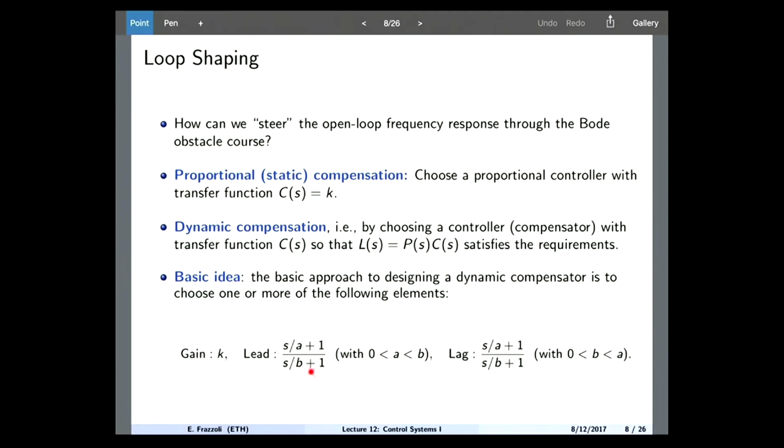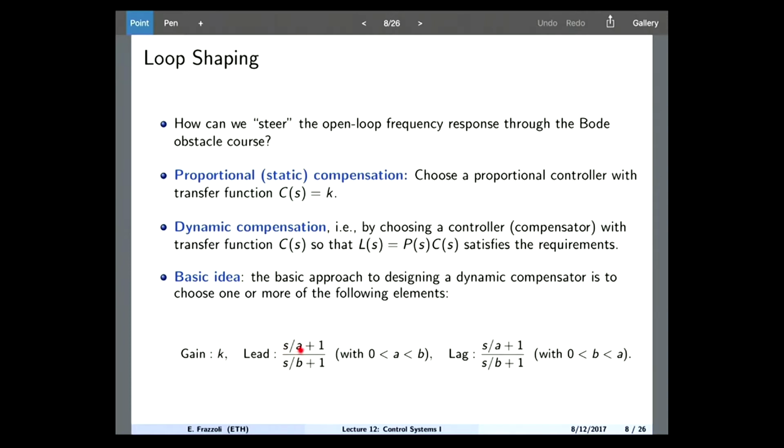But this is something that is called a lead if, essentially, you see where the zero is in this transfer function. What is the value of s that makes the numerator zero? It's actually minus a, okay?